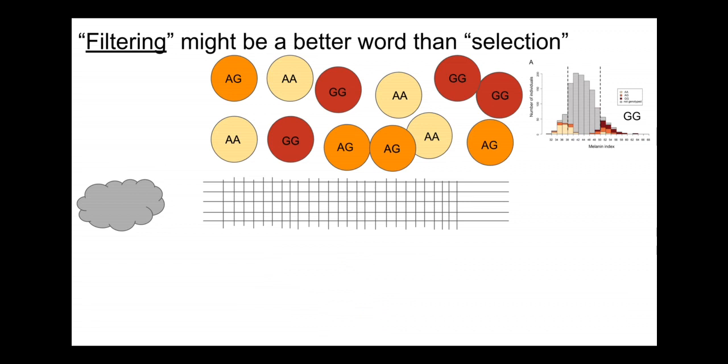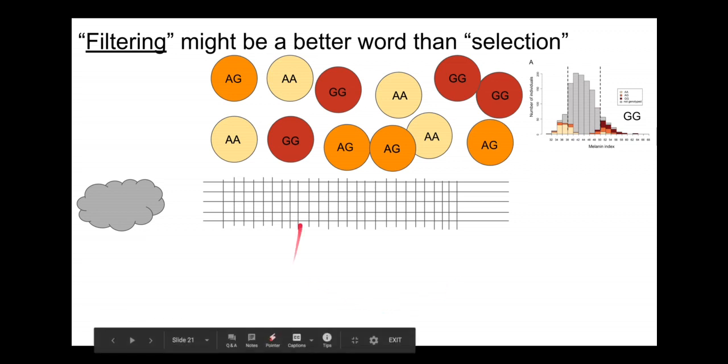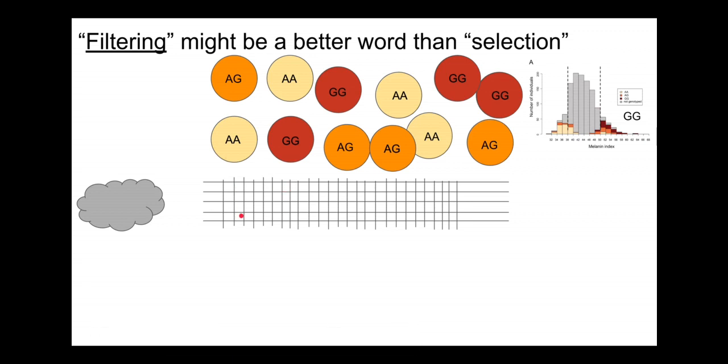Now, in a cloudy environment in a northern latitude where there's less sunlight, the environment is going to select for, or filter for, individuals that are more lightly pigmented. These are individuals that are going to be able to produce vitamin D efficiently. So more lightly skinned individuals are going to move through the filter of the environment.